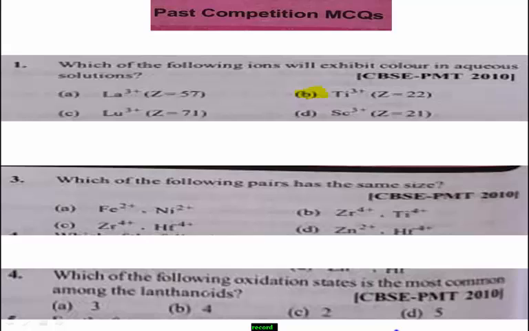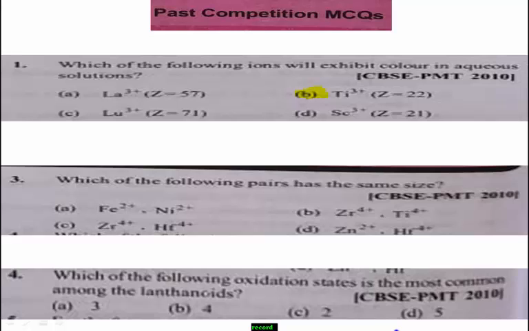Students, when a question appears related to the same size or same properties of pairs, then we remember the lanthanoid contraction. Due to lanthanoid contraction, the size of Zr, zirconium, and Hf, hafnium, atoms or ions becomes nearly similar.